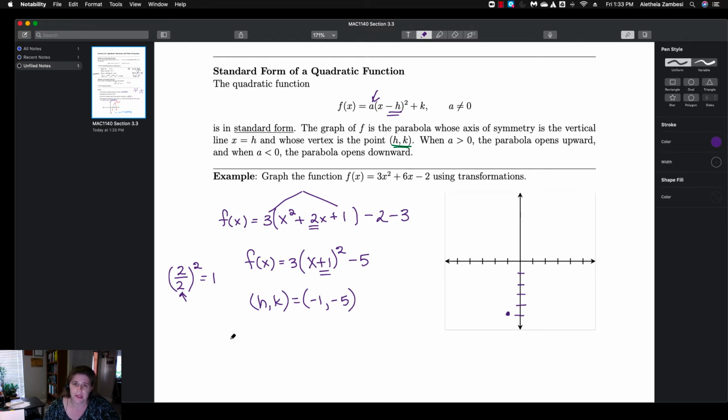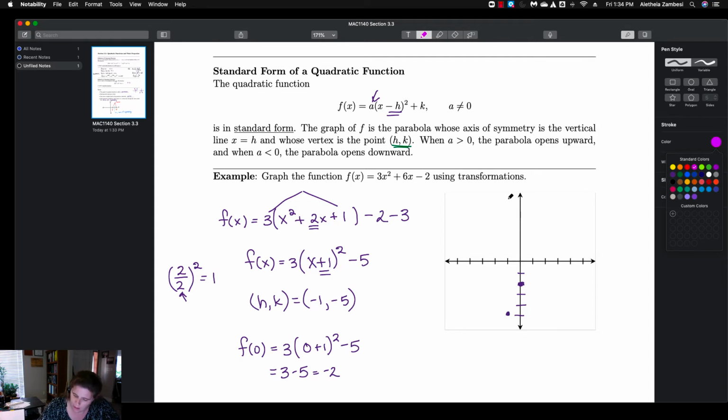The easiest point to get is your y-intercept. So f of 0 to get the y-intercept. I can use this factored form or the form in standard. So 3 times (0 plus 1) squared minus 5. So we have 3 minus 5, or -2. So here is a point.